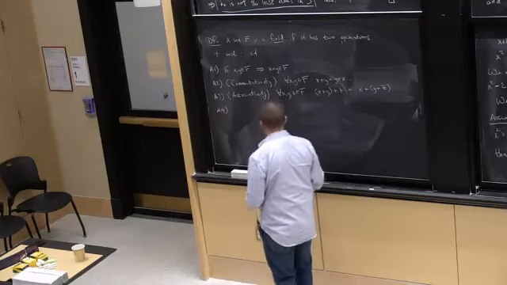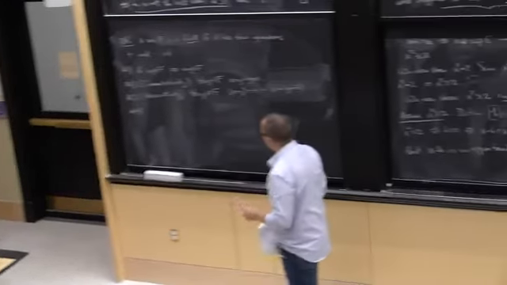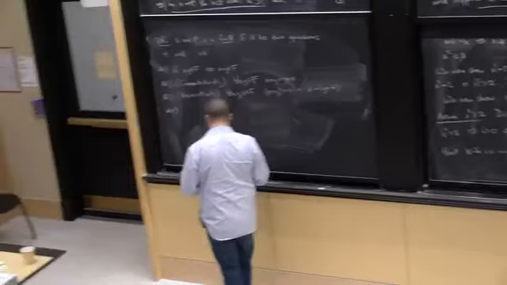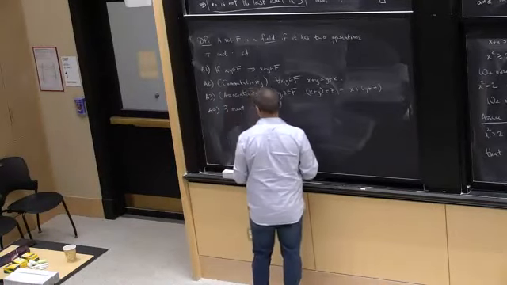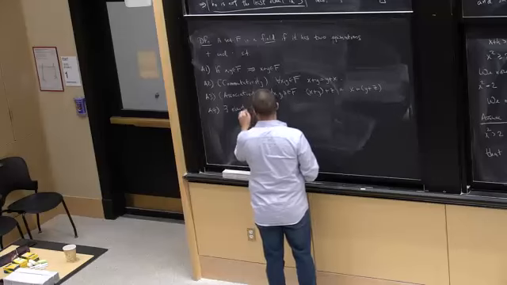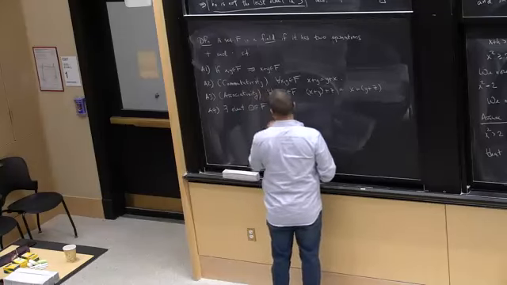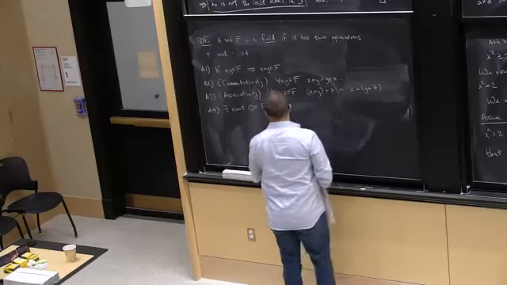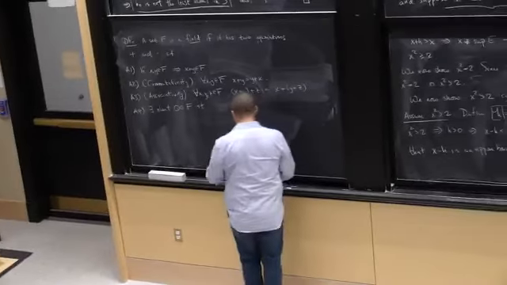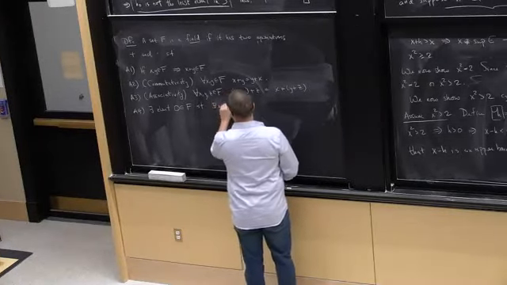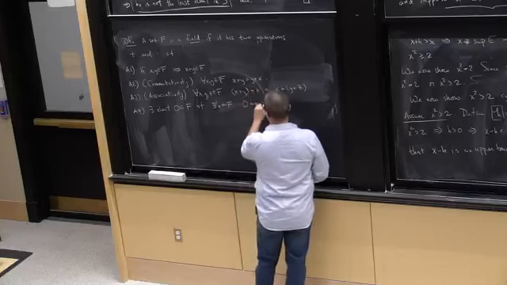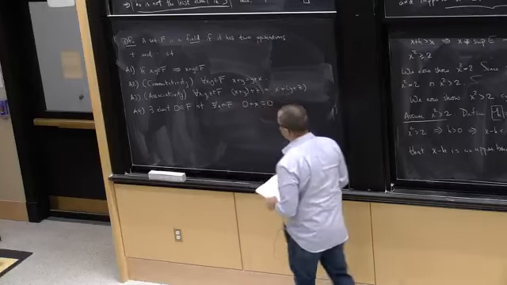The fourth is that we have what's called an additive identity element. There exists an element which I'll label 0 in this set F, such that for all x in F, 0 plus x equals x.